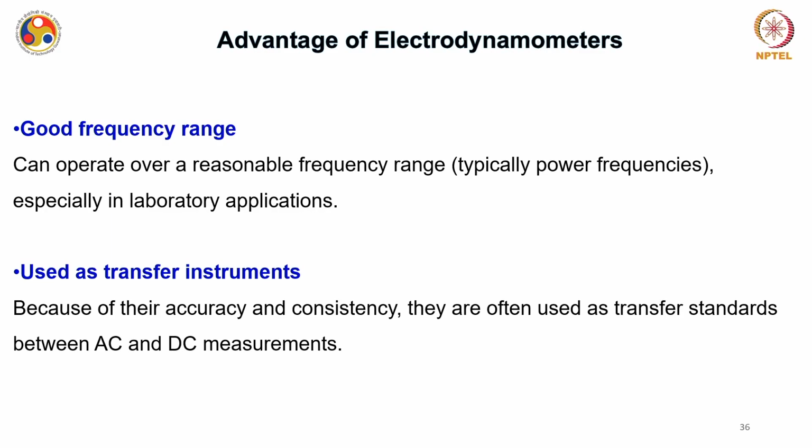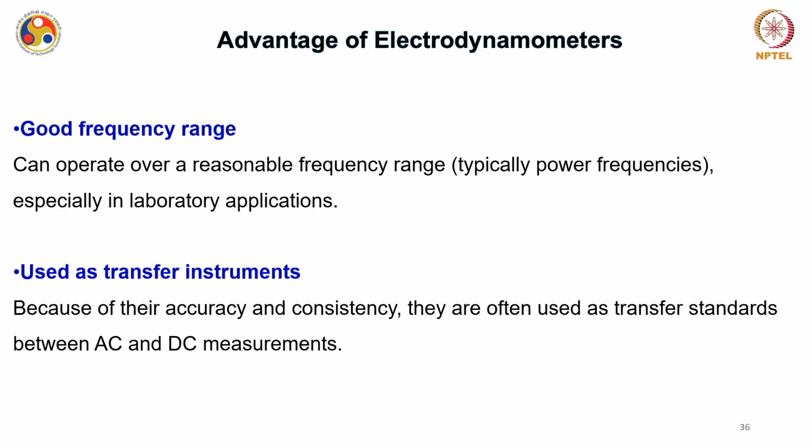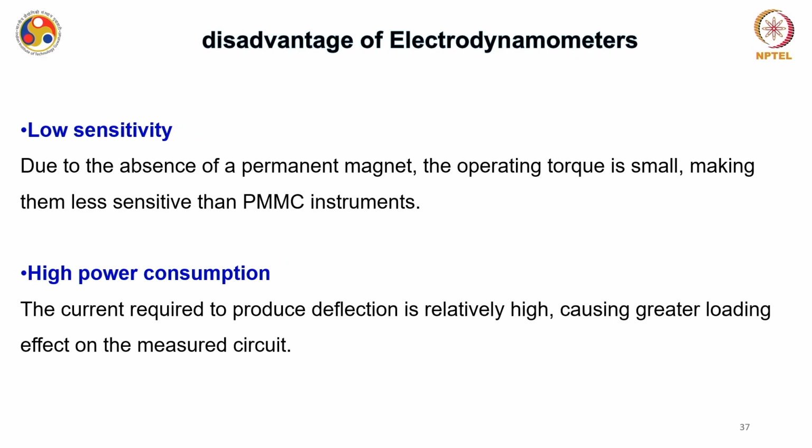Okay. Because of their accuracy and consistency, they are often used as transfer standards between AC and DC measurements. Okay. Then there are certain disadvantages associated with the electrodynamometer, and one we have already seen when we were talking about electrodynamometer voltmeters: they have low sensitivity. Okay.